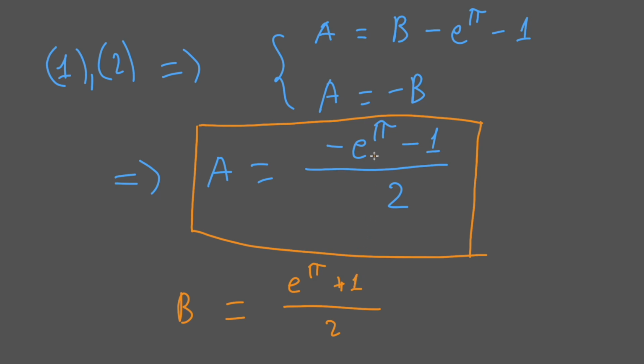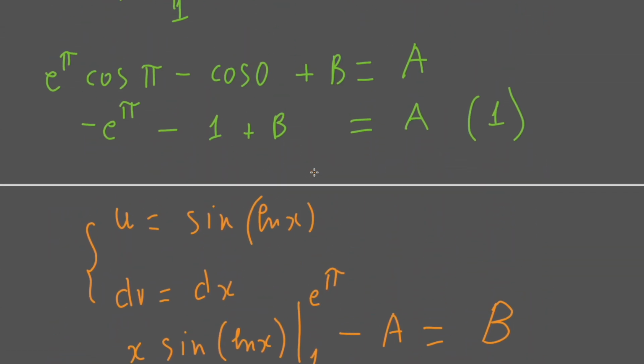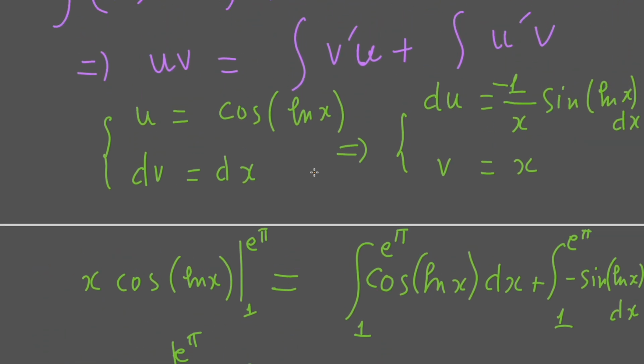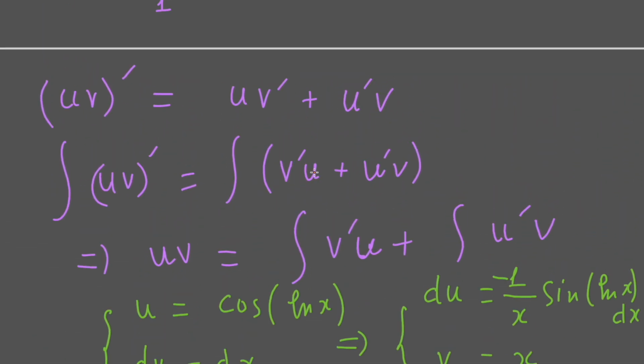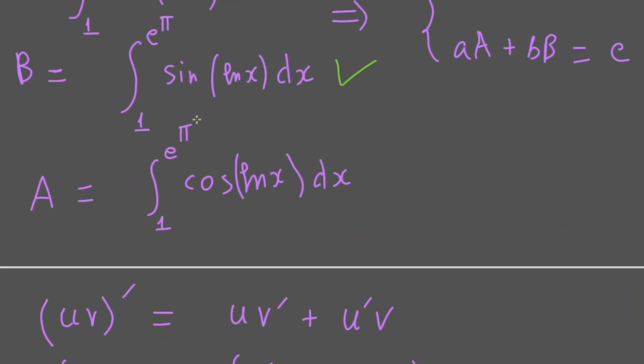So the lesson of this problem: for this kind of integral, we may apply this approach by checking the pair of integrals. It is usually applied when we have a trigonometric function, something like sine x and cosine x.